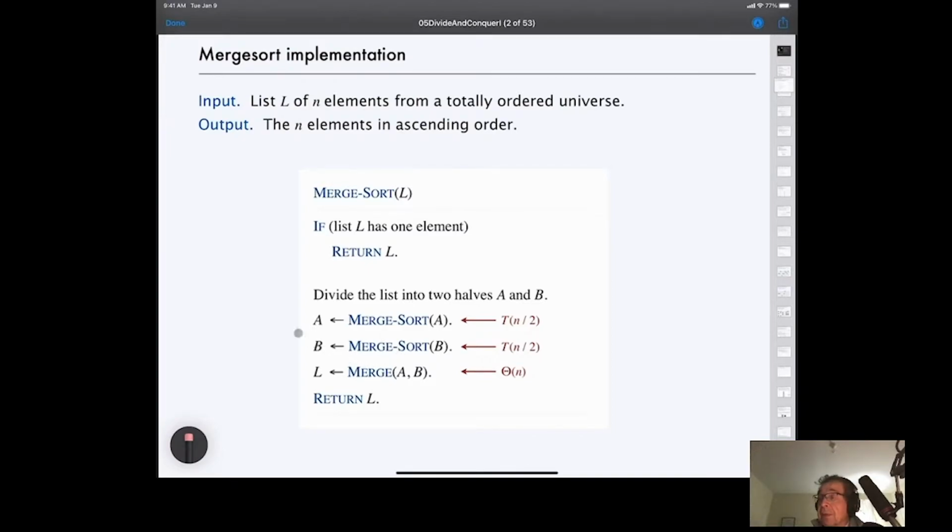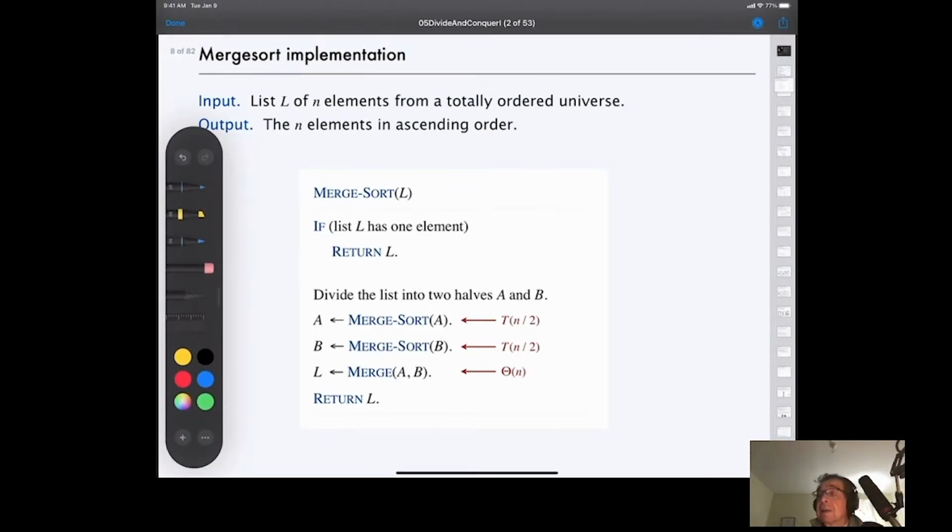So if you want to follow that or represent that as a binary tree, it would look like this. So let's say we begin with the word algorithm.